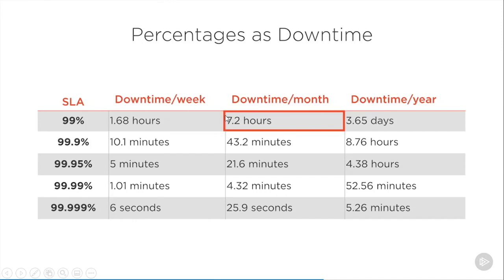In a month it's like 7.2 hours. In a year it's 3.65 days. So for you still it's okay, but for a software developer, how critical the software is, how much business failure will happen if it's down for 7.2 hours, those things we need to keep in mind as a software developer. So that is what is written in the service level agreement. How much can we expect out of you, right?